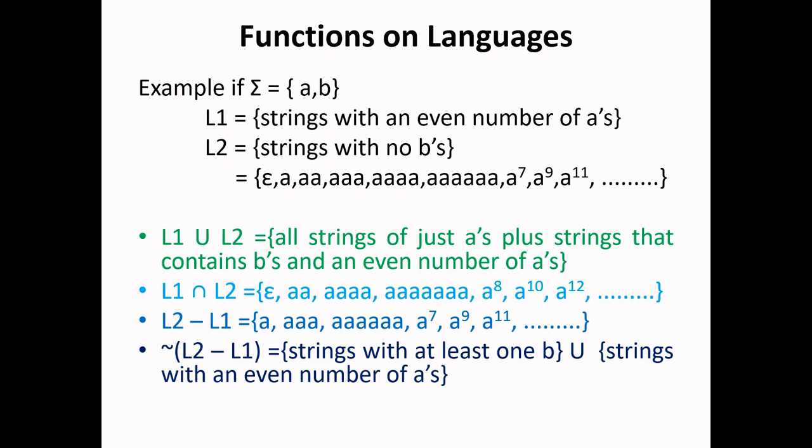L2 minus L1. L2 contains all a's, minus L1 which contains even a's, then the possible strings in this language will be an odd number of a's. And the complement of L2 will be all the strings with at least one b.